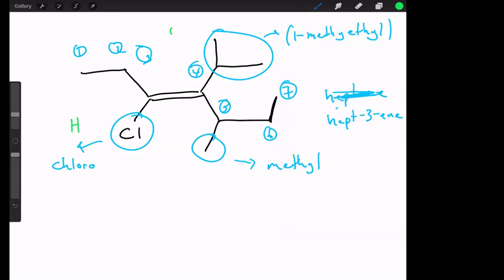Well, when I cut this double bond in half, the chlorine is higher priority than the carbon because it's heavier. And then which one of these groups is higher priority? Is it the group that is on the bottom or the group that is on the top?